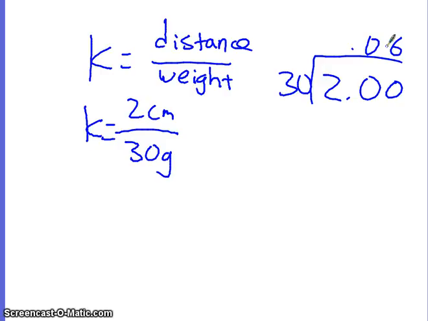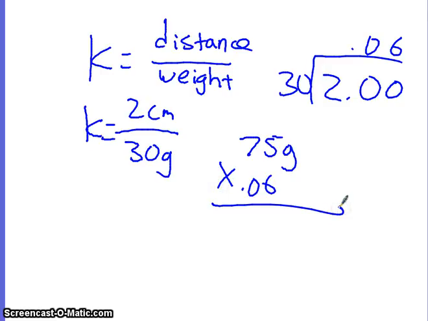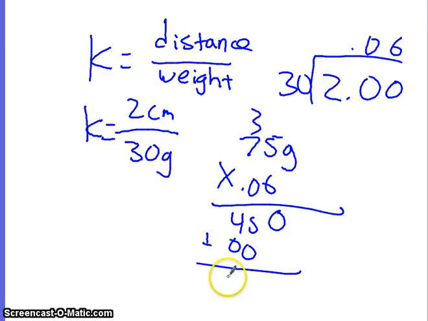So what is 75 grams times 0.06 equal? 4.5 centimeters.